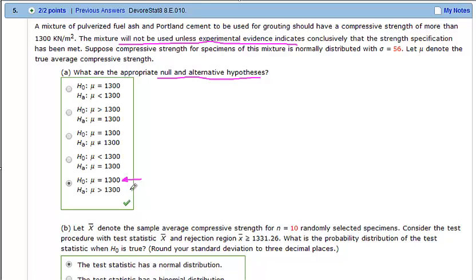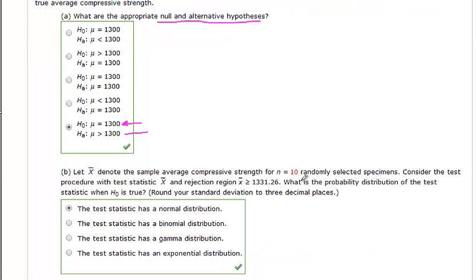Greater than 1300. So that is why I chose this as my alternative. This is going to be a normal distribution with the mean as the expected value, which would be the 1300. And my standard deviation for this is going to be the standard deviation divided by the square root of my number in the sample, because it is a sample.